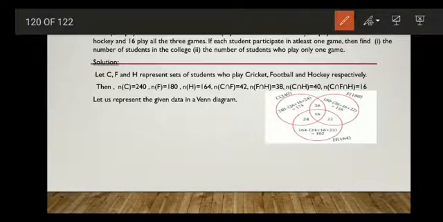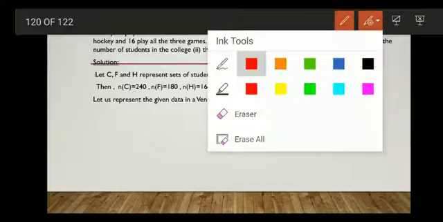How to find only football? We know n of F is the total portion, and from that we subtract this and this. So 180 minus 26 minus 16 minus 22, which is equal to 116. Now find this portion, that is n of H minus 24 minus 16 minus 22. 164 minus these will give us 102.